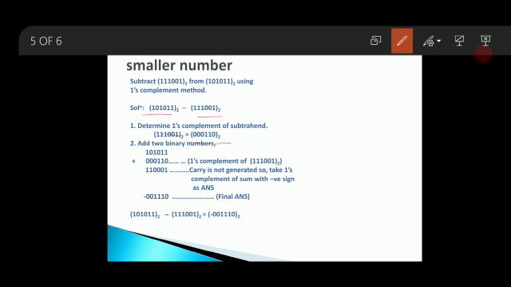You have to take its ones complement. You will get 000110. The next step is to add the two numbers, the first number and the ones complement of the subtrahend. So this is your first number and this is the ones complement of the subtrahend.